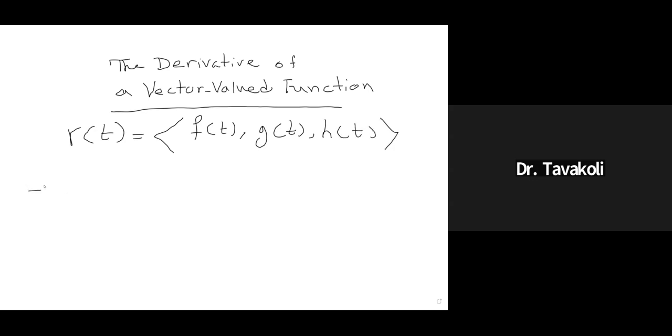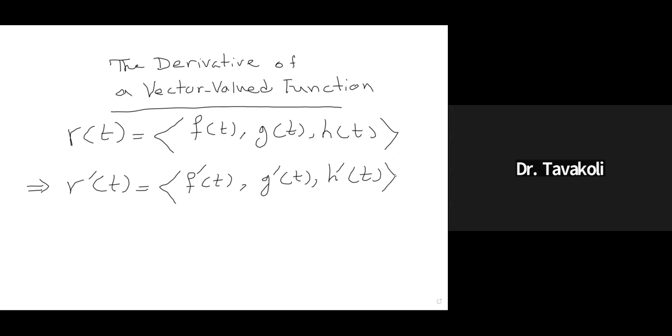Then the derivative of r, assuming that f, g, and h are differentiable functions, r prime of t is going to be the vector consisting of f prime of t, g prime of t, and h prime of t.